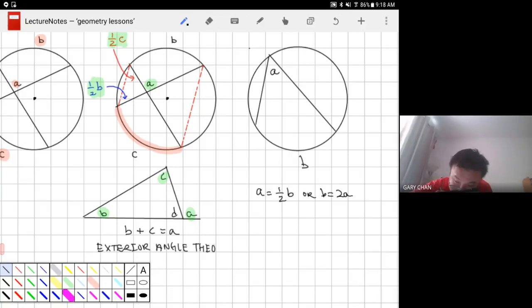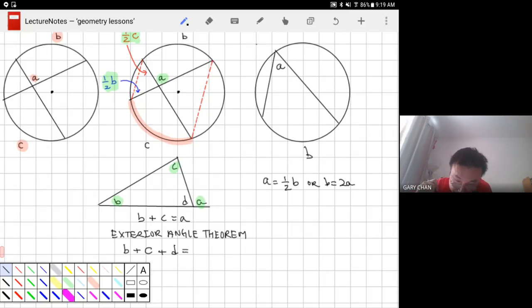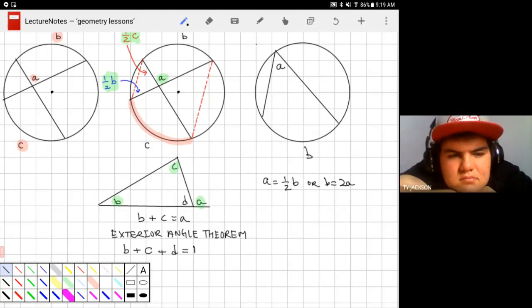If you need more convincing of why this is the case, why is B plus C equal to A? Well, that's because B plus C plus D equals 180.